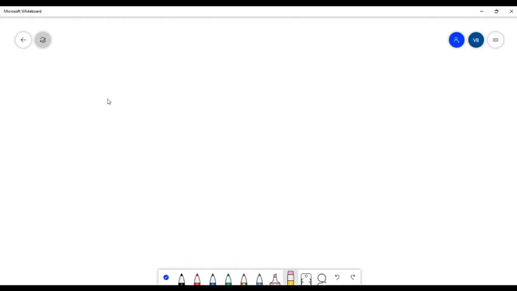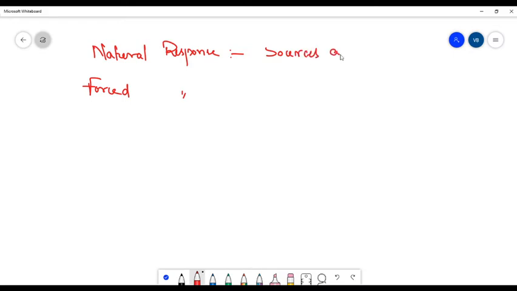So we have natural response as well as forced response. In the natural response, sources are independent. Here, sources are dependent.